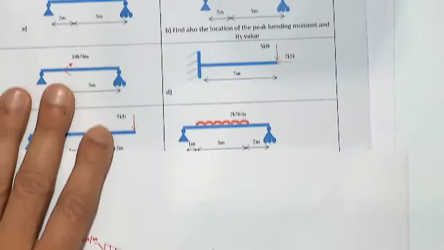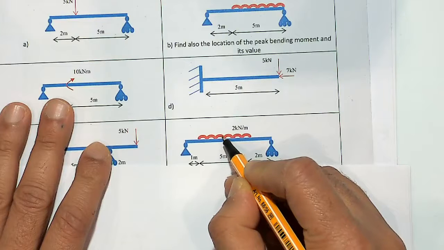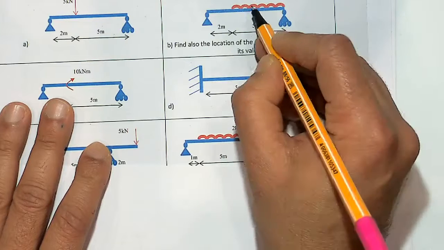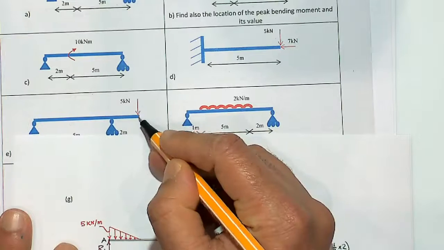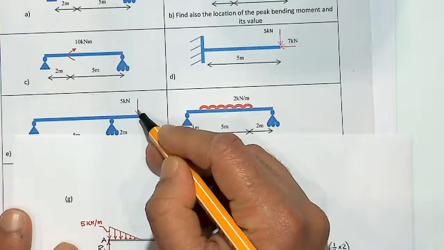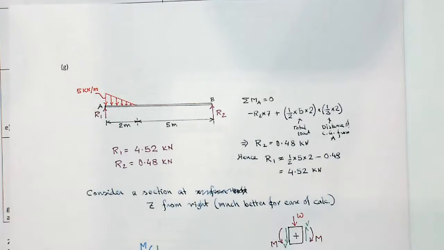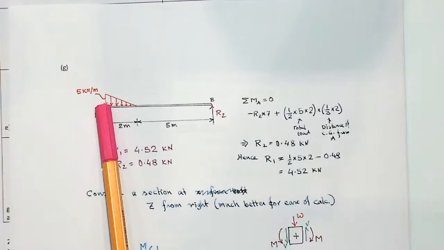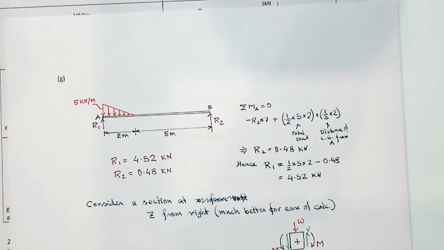If it was a uniformly distributed load, it will act at the center of the load train. And concentrated loads, you know where they are acting. But when it is a triangular load, first you need to find the amount of the load, and second the action point of the load.